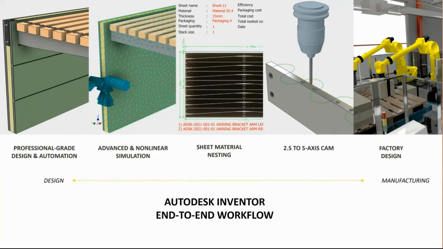The collection includes the design and automation tools in Inventor, plus advanced simulation for testing your designs, nesting, and 2.5 to 5 axis CAM for manufacturing output, and factory layout tools to help you optimize your production facility. It's an end-to-end solution that works right inside Inventor, along with complementary tools like AutoCAD, Fusion 360, and Vault.